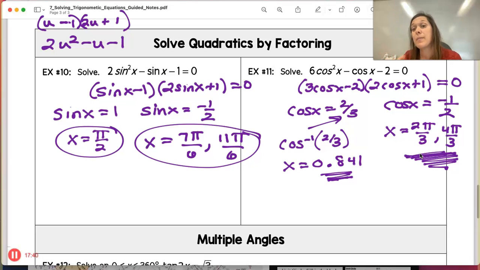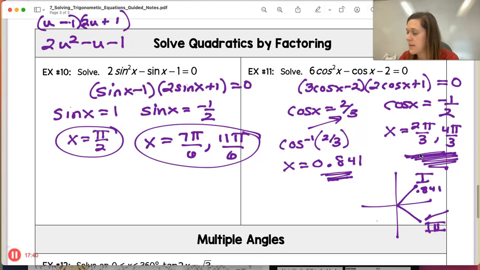But now I need to think about cosine. So cosine is positive in quadrant 1, but it's also positive, all students take calculus, in quadrant 4. Okay, so if I'm at 0.841 radians up here, I can reflect that across and find the equivalent of that down there.